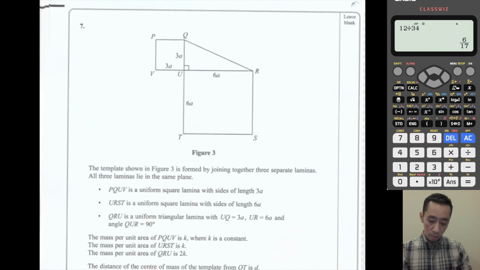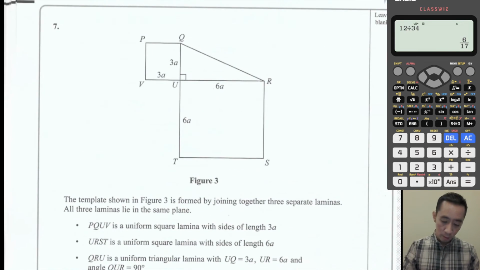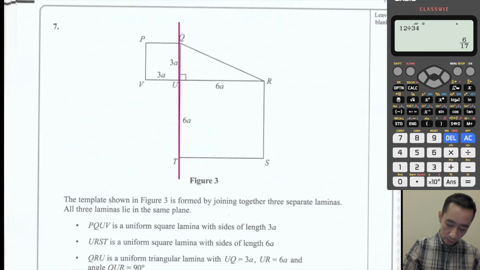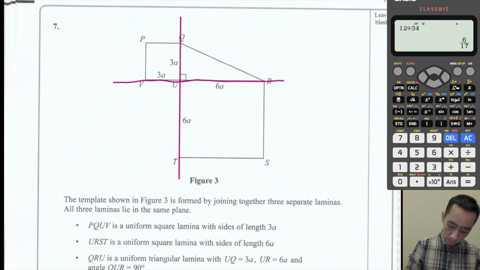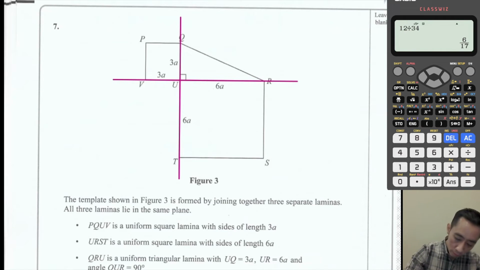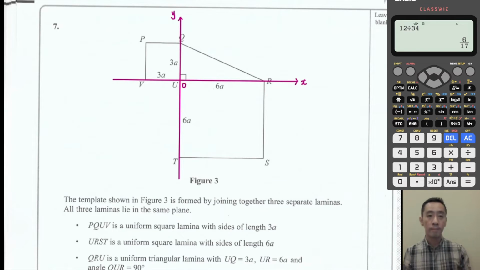Now, the first thing I will do is make the plane into XY axes. I will call this one the Y axis, and this one the X axis, and this one will be the origin, 0.